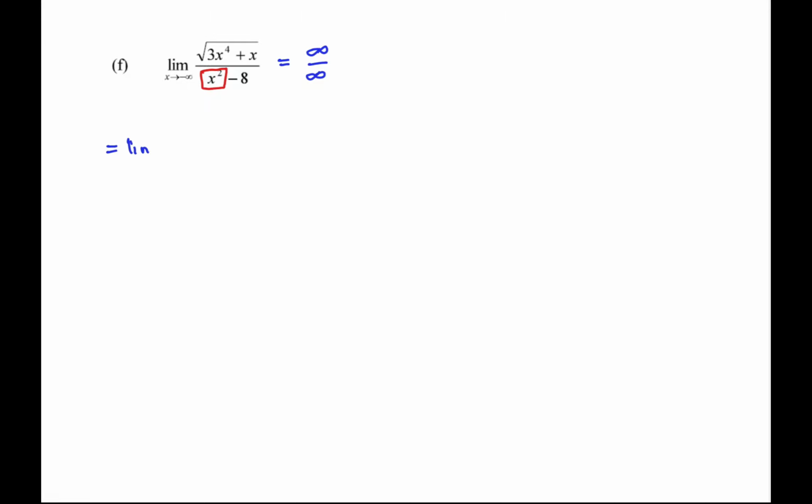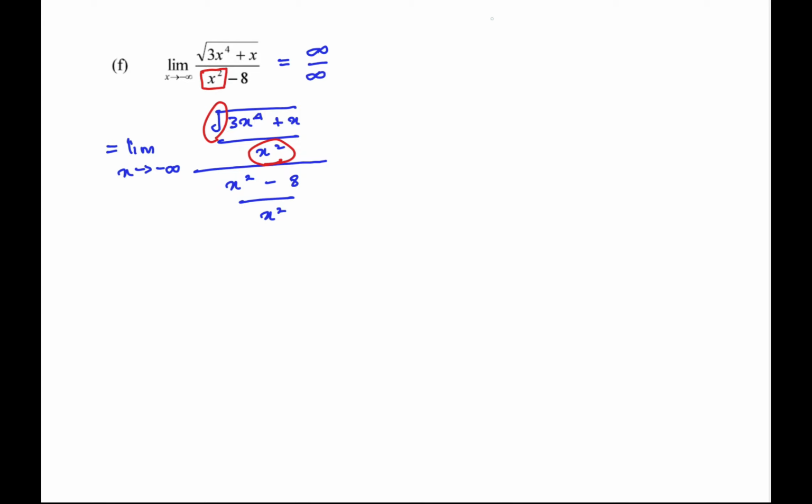So you can get the limit as x approaches negative infinity of the square root of 3x^4 plus x divided by x squared, and then your numerator part, x squared minus 8 divided by x squared. Also the same thing here. We must modify this x squared to become a square root because your upper part involves a square root.